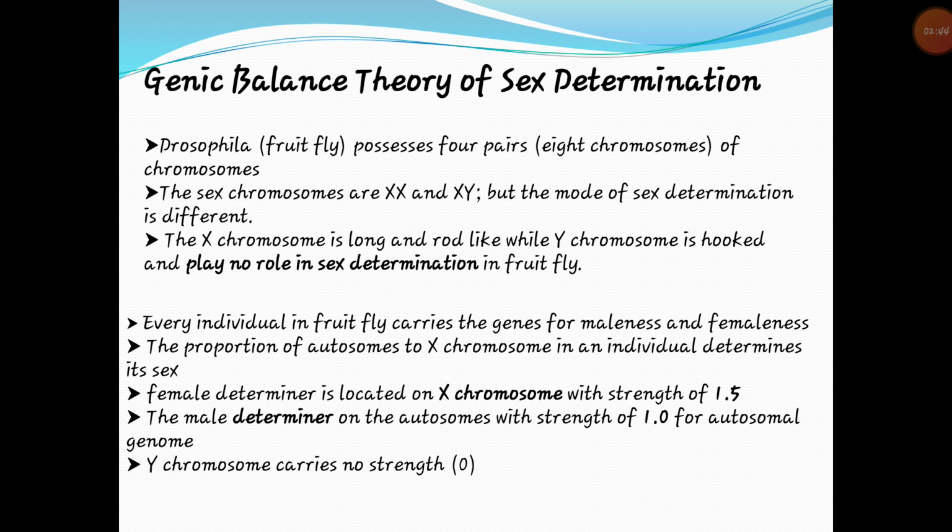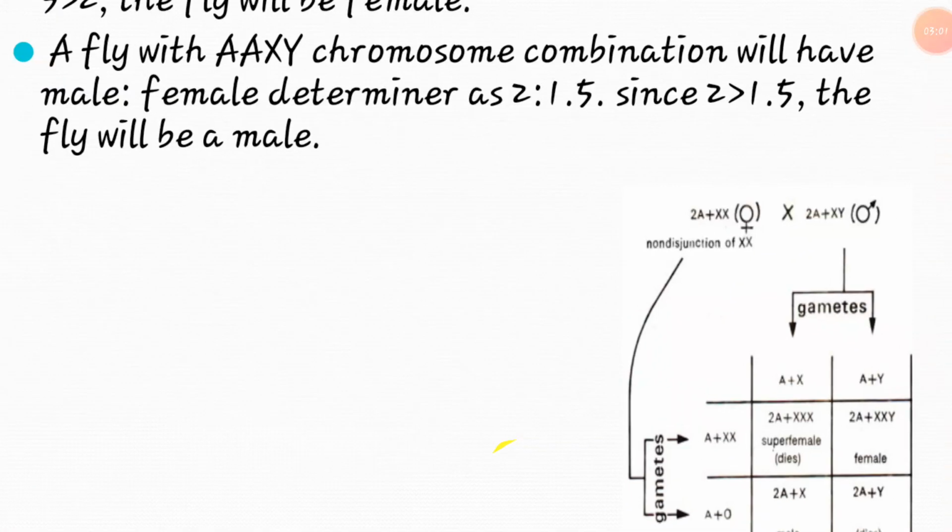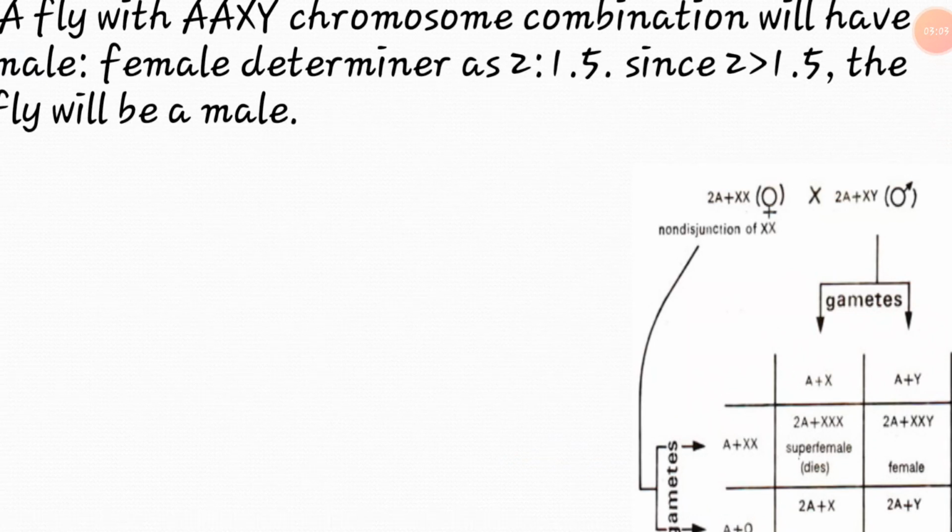Since 2 is greater than 1.5, the fly will be a male. This is what the genic balance theory says.